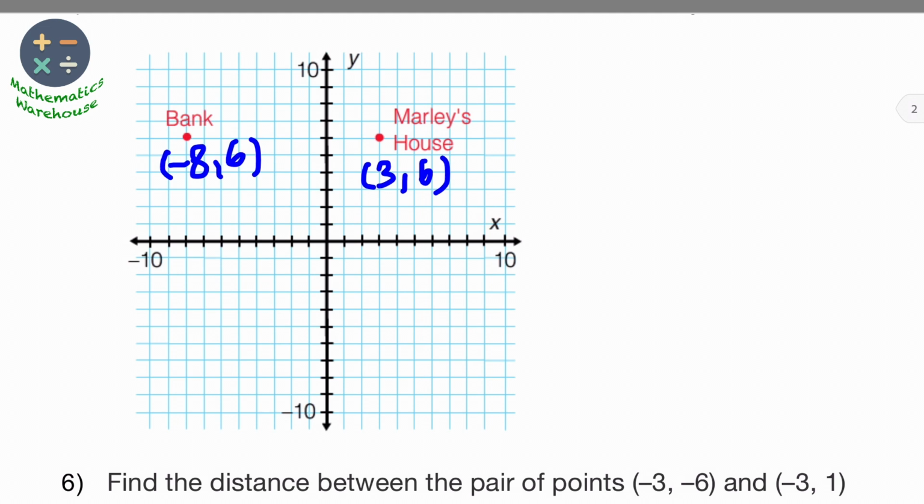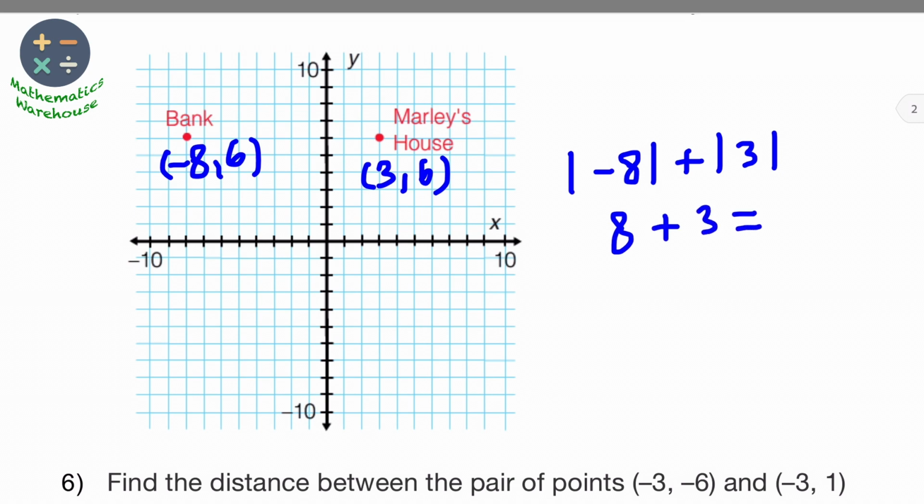So we would work on the x coordinate. We have -8 and 3. They have different signs, so we're gonna add their absolute values. So the distance equals the absolute value of -8 plus the absolute value of 3, which is 8 plus 3 equals 11 units. And this is the answer.